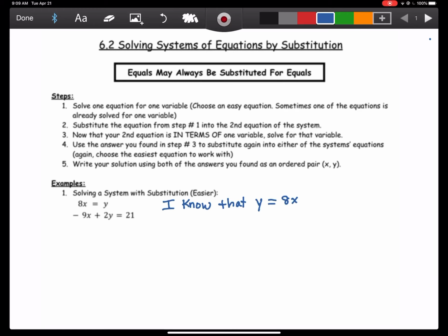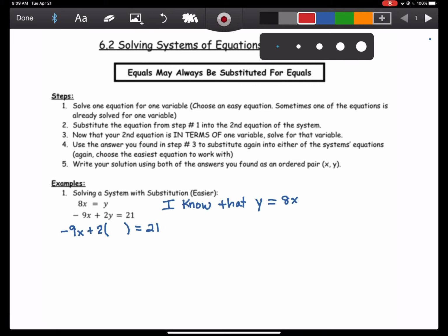So I'm going to take negative 9x. I'm just going to spread my equation out a little bit. Negative 9x plus 2y, and instead of writing y, I'm going to open up a set of parentheses, make it a little wider, equals 21. I'll use a different color to show that 8x is going to go into the y position.